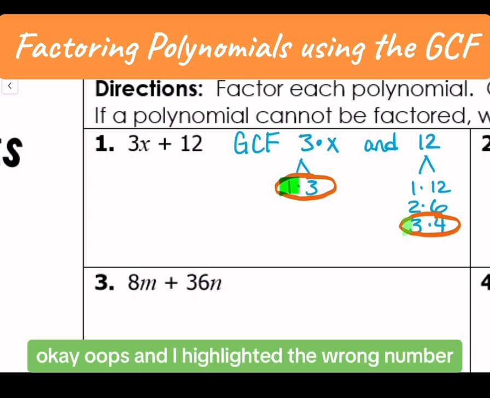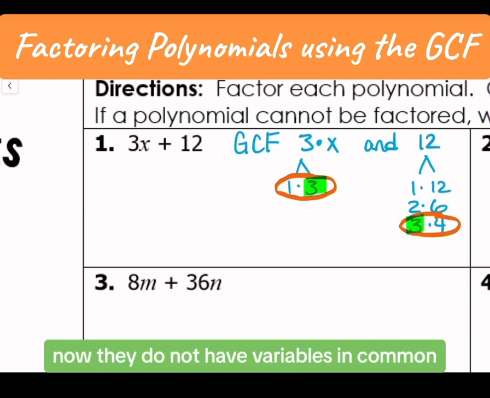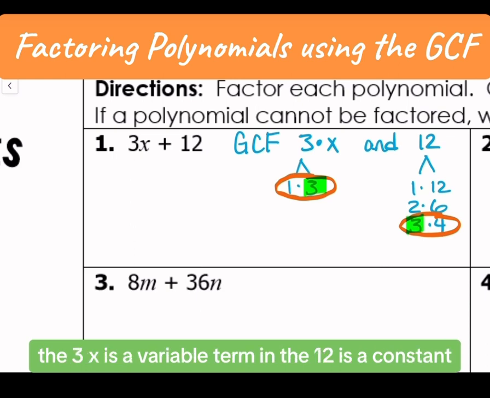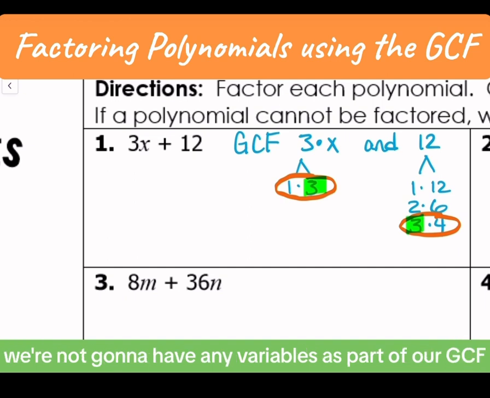Okay. Oops, I highlighted the wrong number. Highlight the 3 and highlight that 3. Now, they do not have variables in common. The 3x is a variable term and the 12 is a constant. The 12 doesn't have any variables, so we're not going to have any variables as part of our GCF.